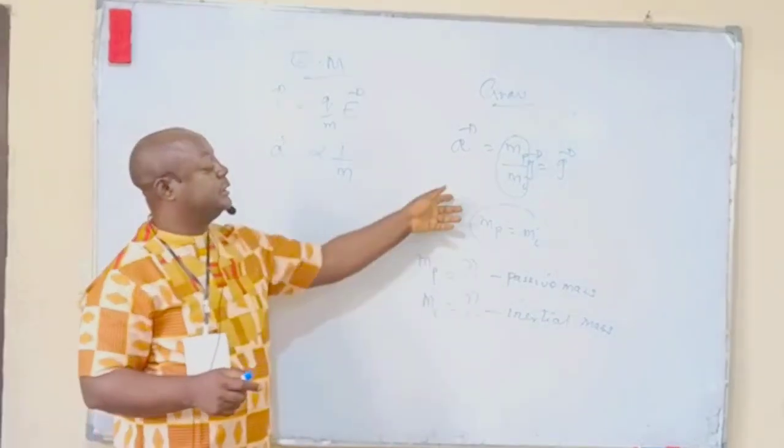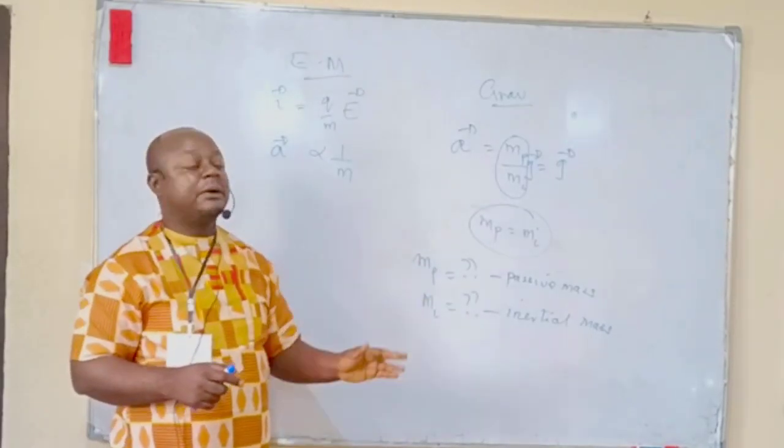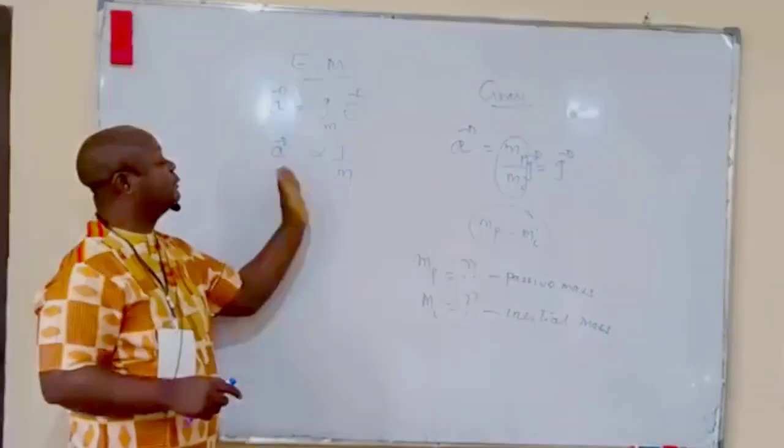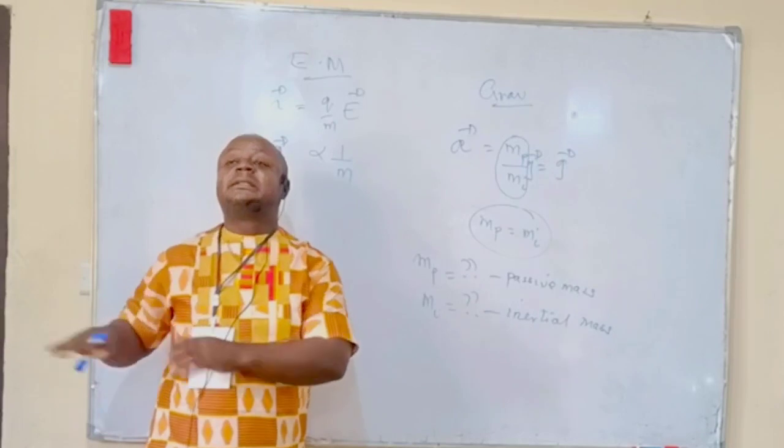So this was the first point that Einstein brought about. That because this acceleration does not depend on mass, and this one depends on mass, then gravitation needs a different approach.